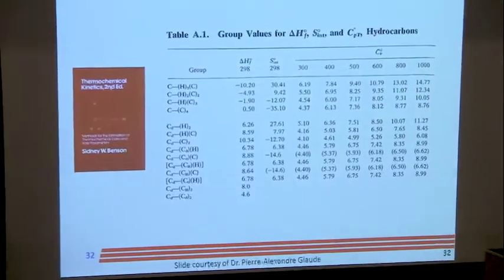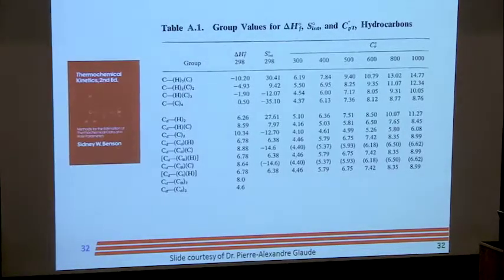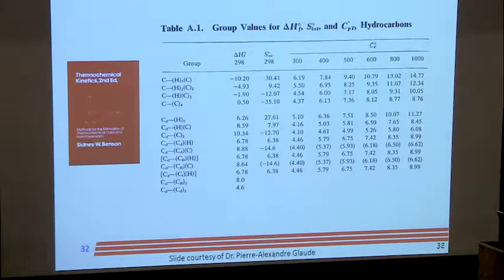So here we have tables. This is a table taken from Sid Benson's book. I still highly recommend it. This is really the Bible of thermodynamics. If you can get your hands on a copy, it's gone out of print and in print a number of times, but I managed to get a copy years ago myself.